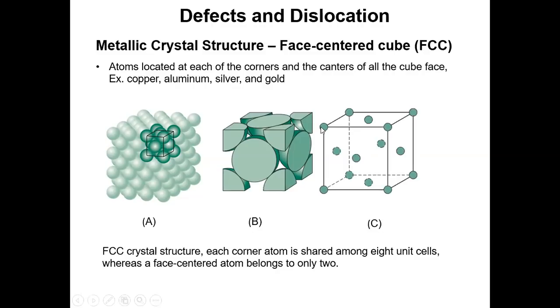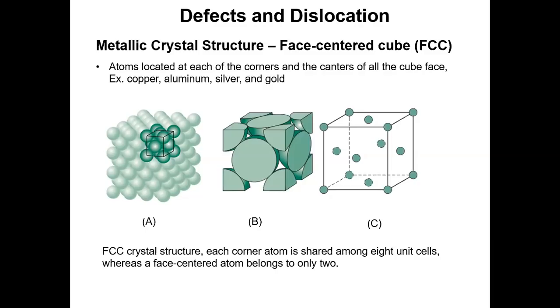This is one face, this is another face, here another face, the bottom another face, and here another face. So at each face there is an atom. That is the characteristic of the face centered cubic or FCC structure.